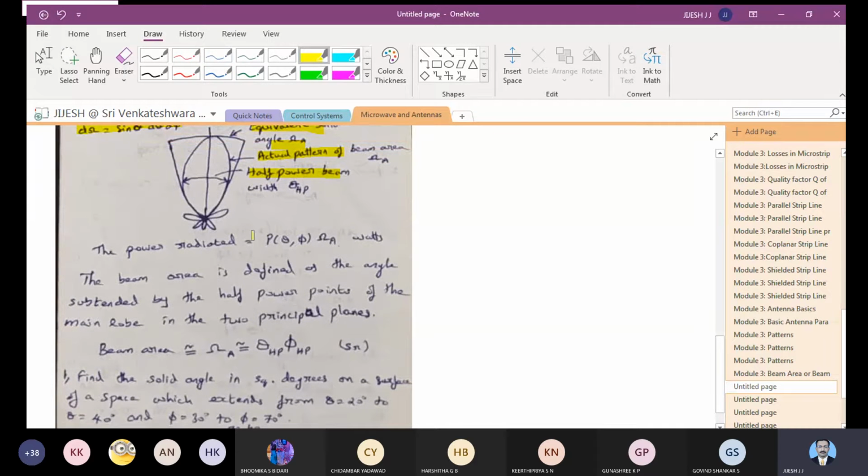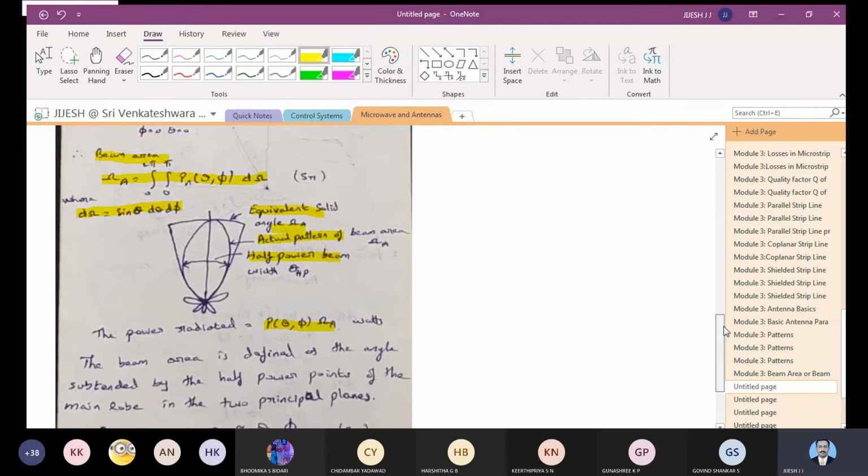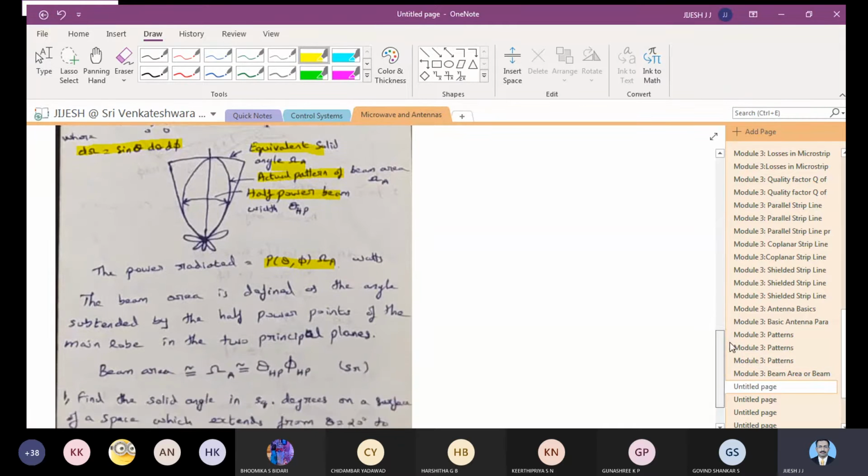The power radiated is given as P theta phi omega A, and now here we can get one approximate equation as well. That is the exact equation you got there to find the beam area: omega A is the integral of 0 to 2 pi, 0 to pi of Pn theta phi d omega. We can also get an approximate equation by finding theta half power and phi half power. The beam area is defined as the angle subtended by the half power points of the main lobe at two principal planes.